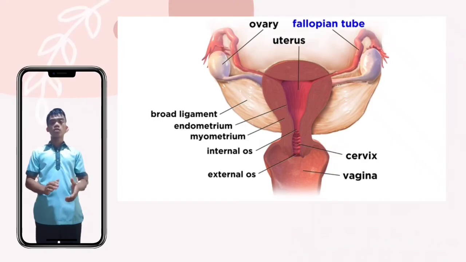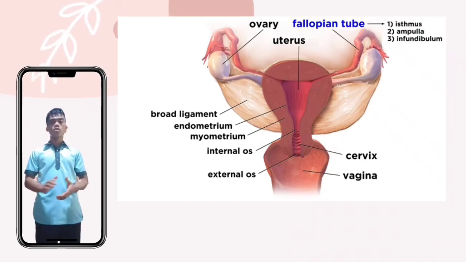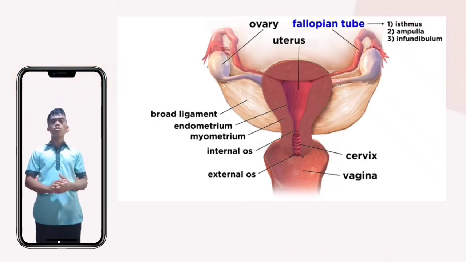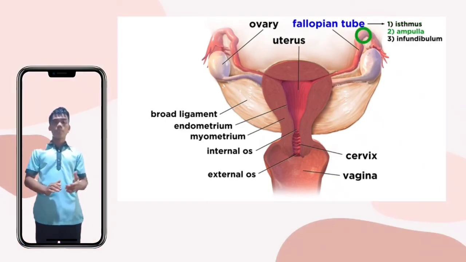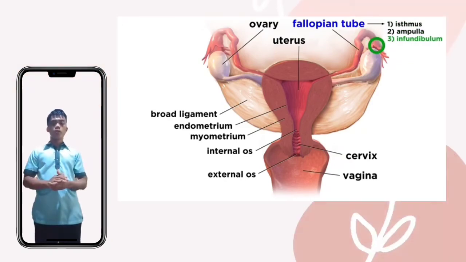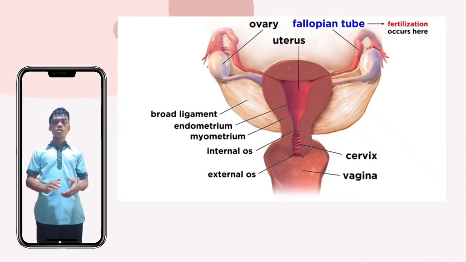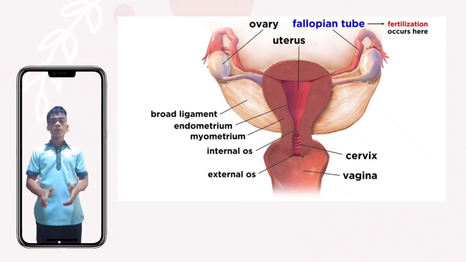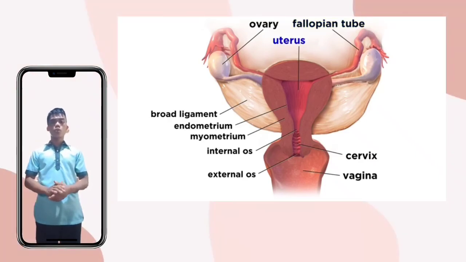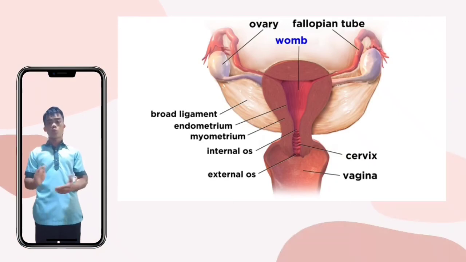This will then enter the uterine tubes or fallopian tubes, which have sections called the isthmus, ampulla, and infundibulum, which bears projections called fimbriae. Fertilization will occur at some point along the fallopian tubes, which end at the uterus, also known as the womb.